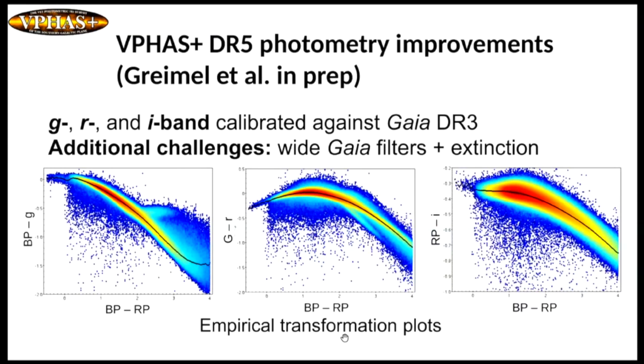And they are important because now the photometry in the data release 5 of VPHAS+ is going to be calibrated against Gaia DR3. And so, of course, there are some things to be taken into account, because the filters of Gaia are very large, but overall the photometry is behaving very well.